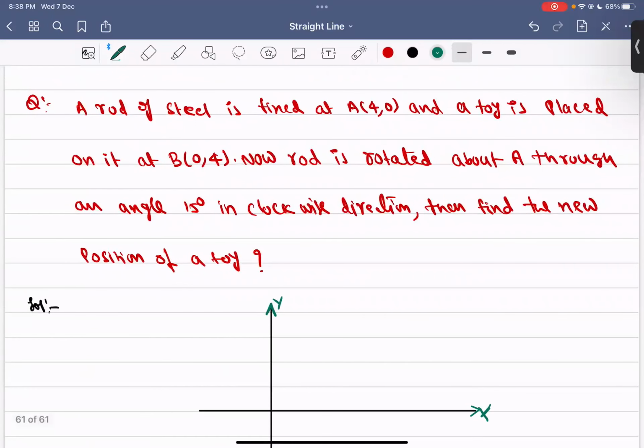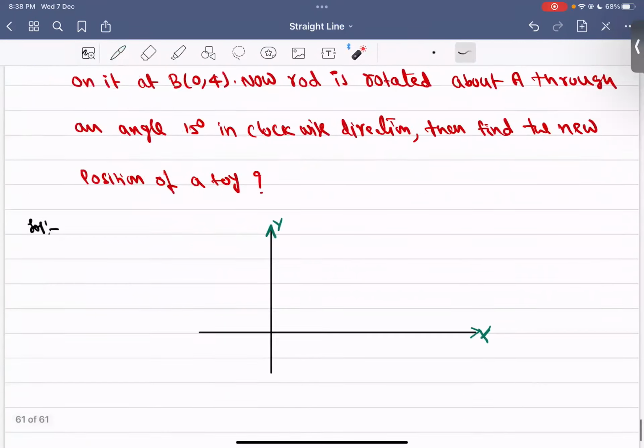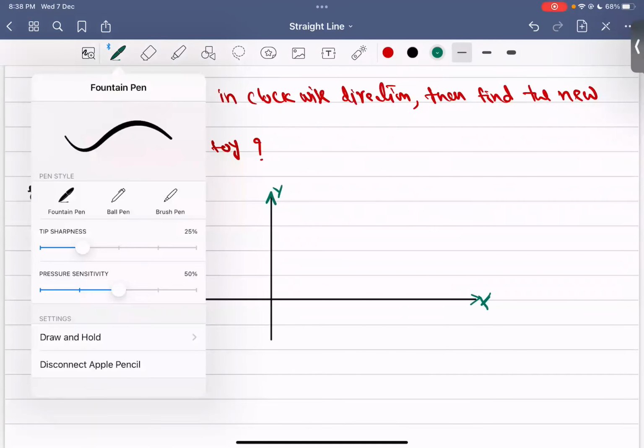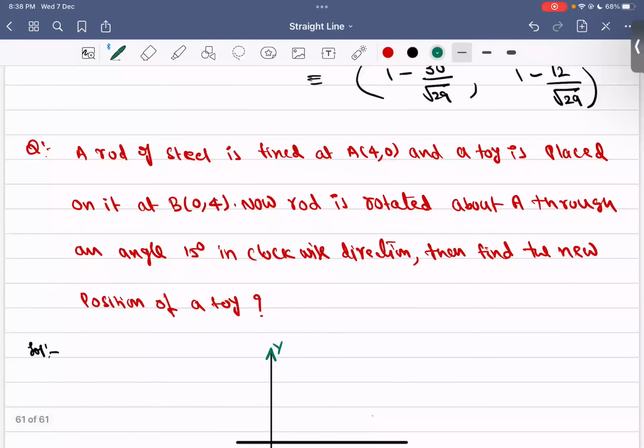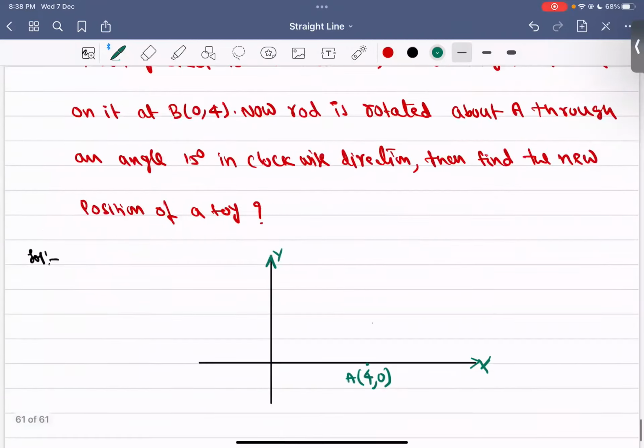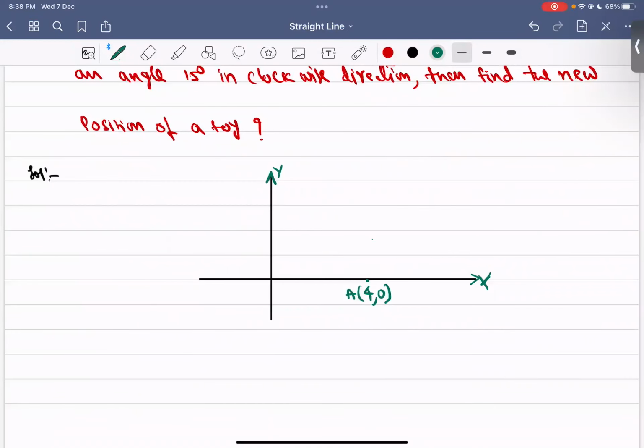A rod of steel means a straight line, fixed at A(4, 0) on the x-axis. Next, a toy is placed on it at (0, 4). So (0, 4) lies on the y-axis, yes or no? So at B(0, 4) a toy is fixed. This is the location of the toy at the end of the rod.